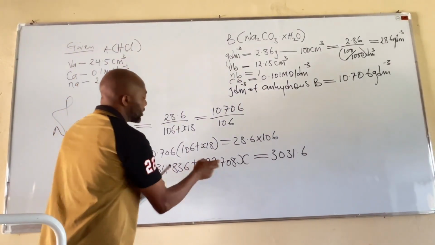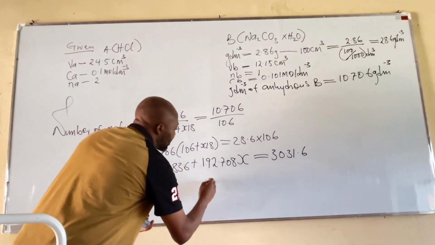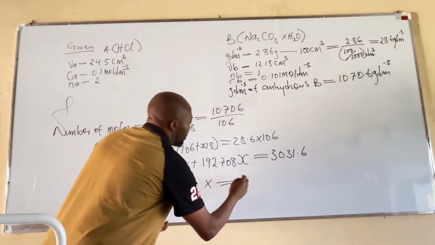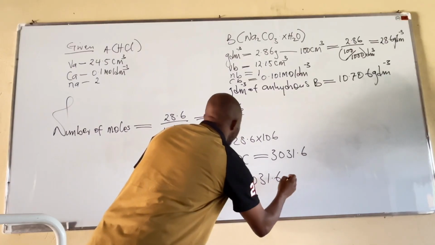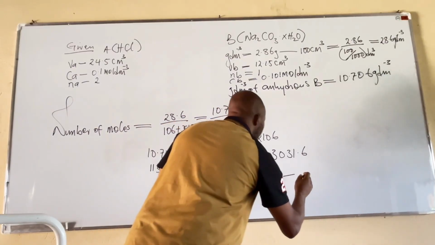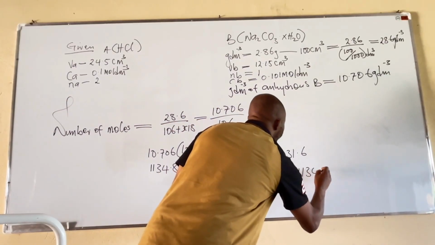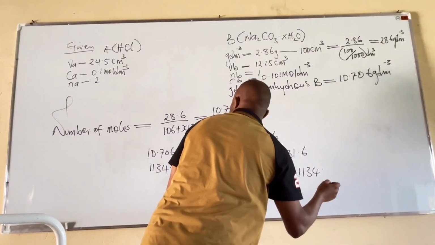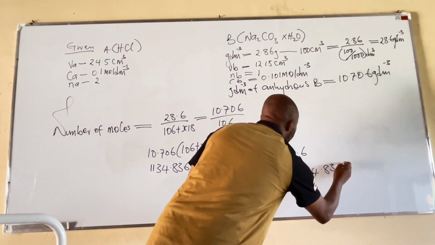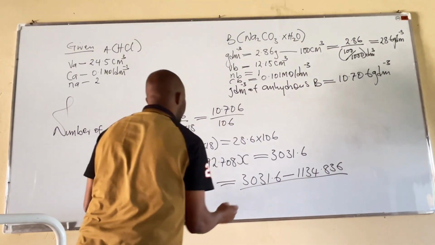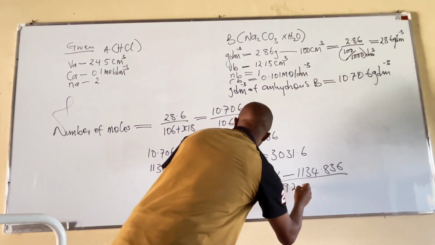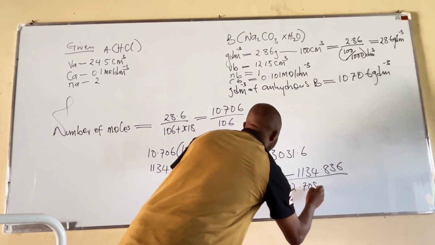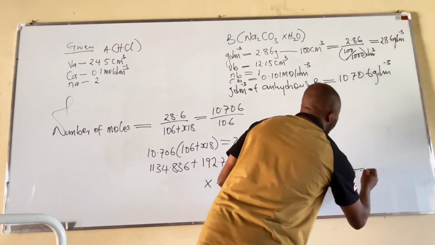So making X the subject, X will become 3031.6 minus 1134.836, over 192.708.